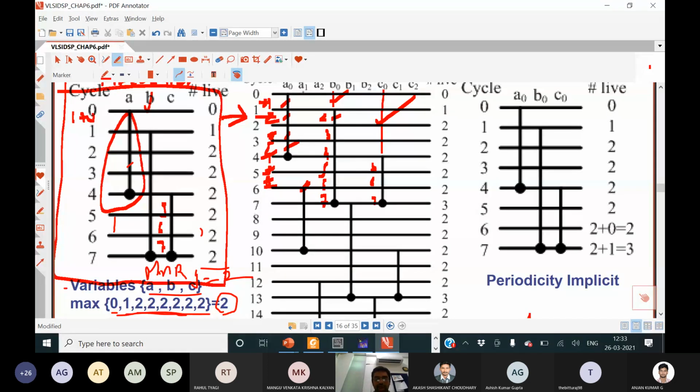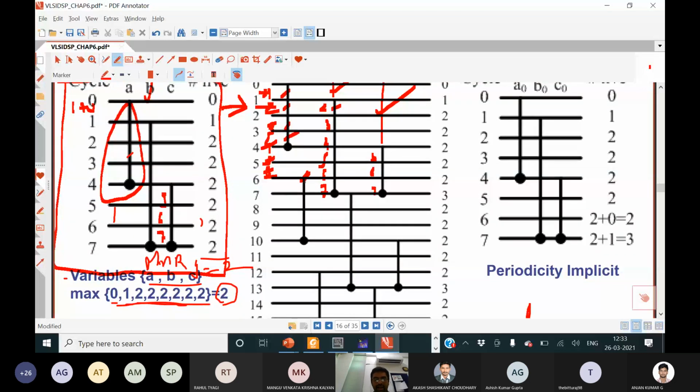Now if I consider A1, B1 and C1 for my next iteration, again after 6 the execution of A starts. A will remain active for 4 clock cycles, because it was active from 1 to 4. So from 6 again the u counter will be reset. So 1, 2, 3, 4.